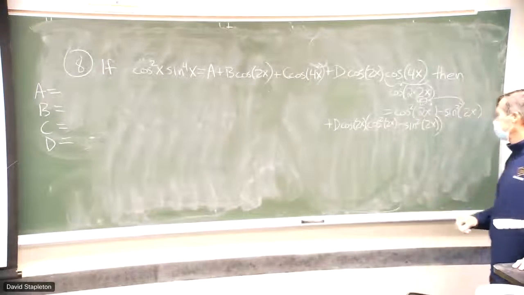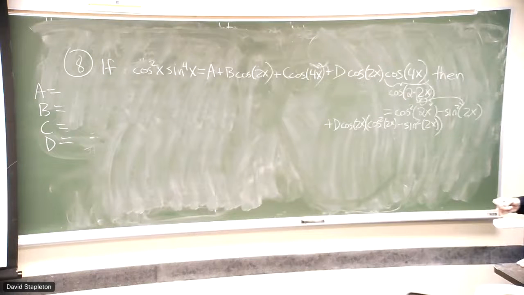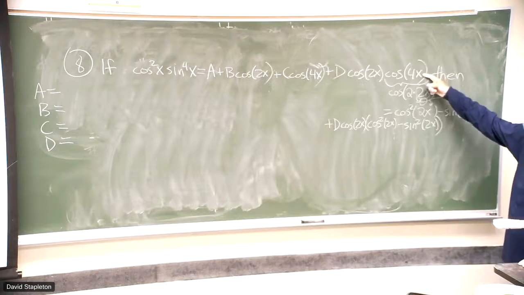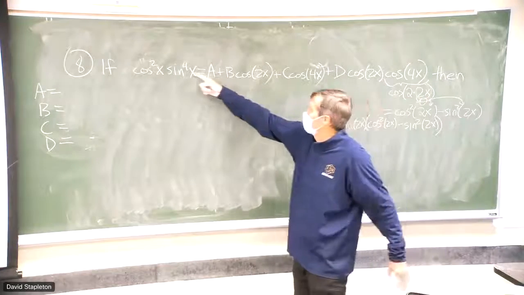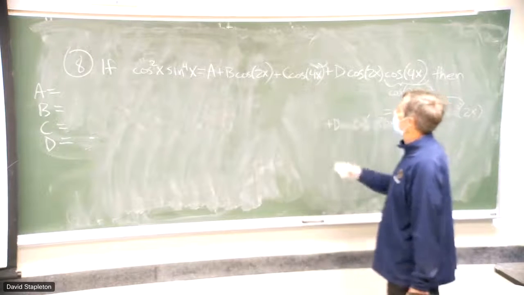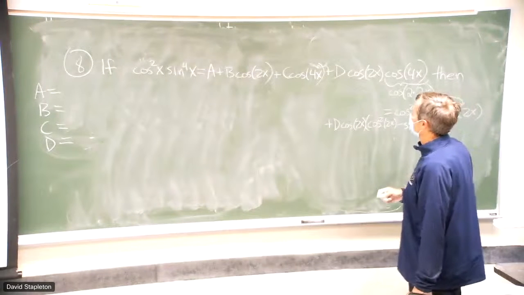Don't spend too long on these problems. The homework problems individually are not worth that much. But now we've got it down to double angles instead of quadruple angles. The idea is eventually I have to get it down to single angles, x. So there's the d part. Now here's also a cosine 4x. I can do the same thing. It's cosine squared minus sine squared.